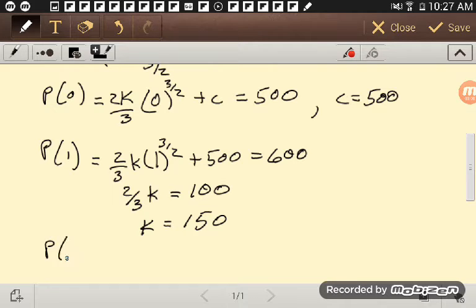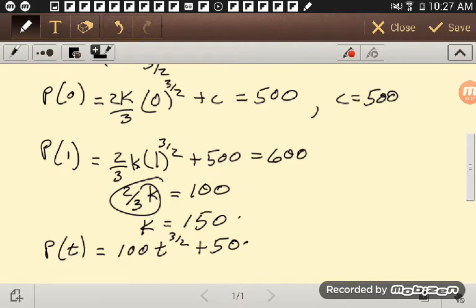And so now I know that P of t is, now here's the funny thing, what I actually want is the 2/3 k, because I'm going to put that 150 right back in there and take 2/3 of it. Okay, so P of t is 100 t to the 3/2 plus 500.